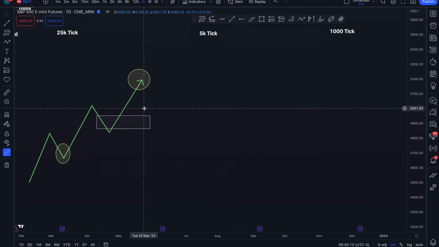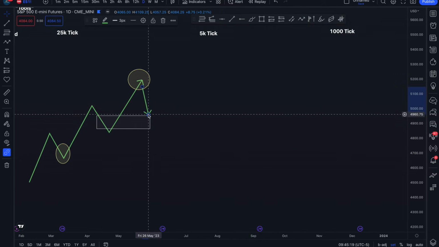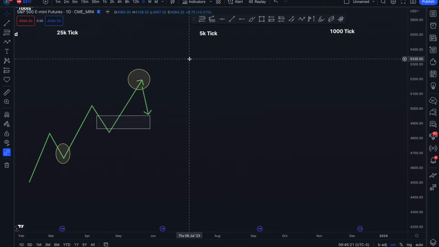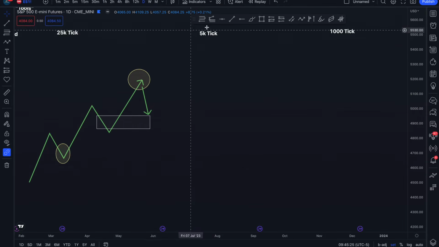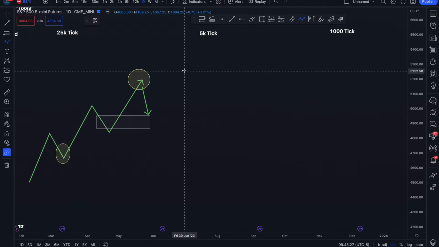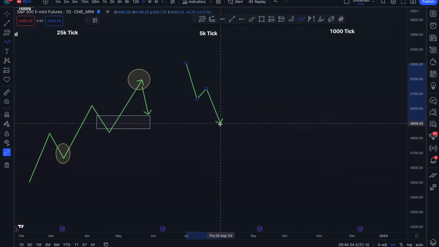So as price is approaching, as price is heading down into this, we're going to go to our next time frame chart. And on the 5K tick, what we might see is that price is coming down and it's making lower highs and lower lows.